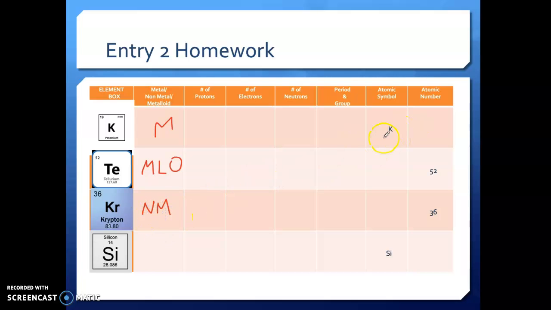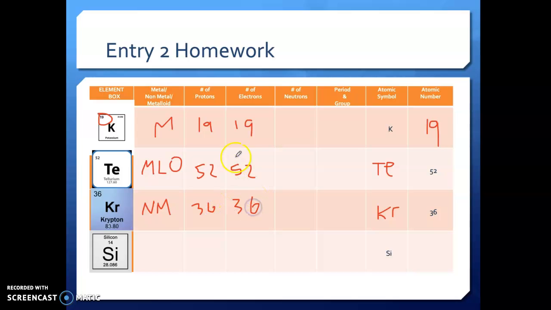Now for all of these, you have the symbol. The symbol also will tell you the atomic number and so forth. So notice that 52 is always going to be Te. 36 will always be Kr. Protons and electrons are always the same, and they're always equal to atomic number here. So 19, 19, 52, 52, and 36, 36. Okay, to find neutrons, I have to round this and subtract.